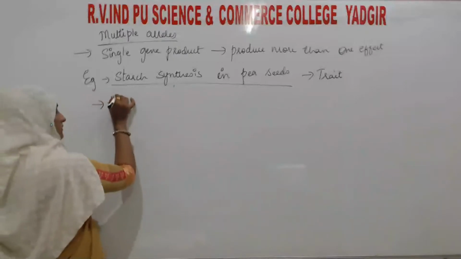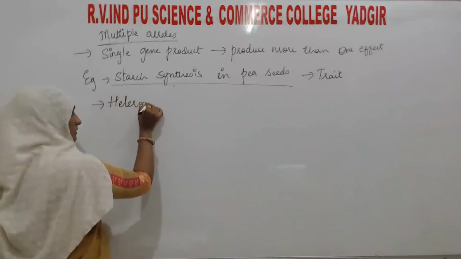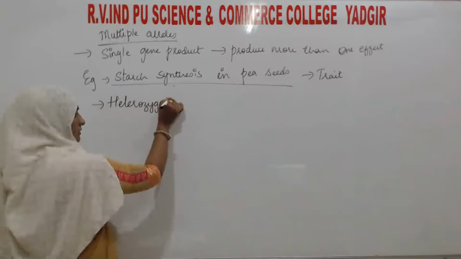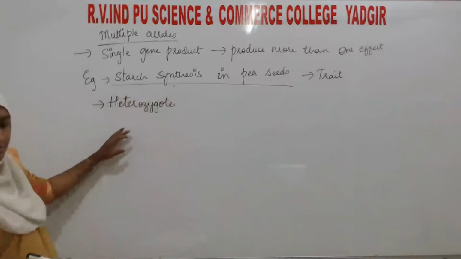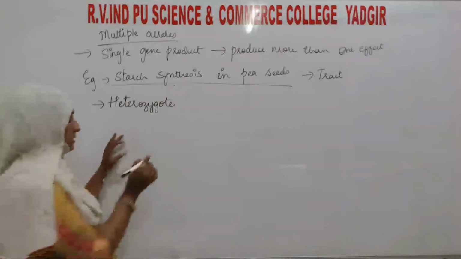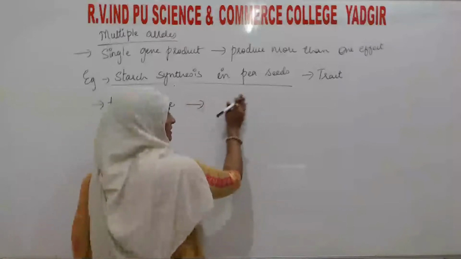In a heterozygote condition, it produces the round seeds.